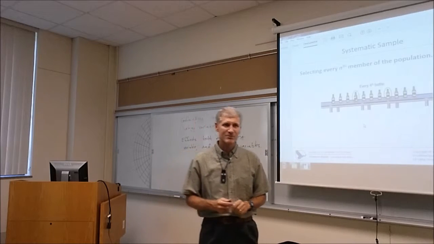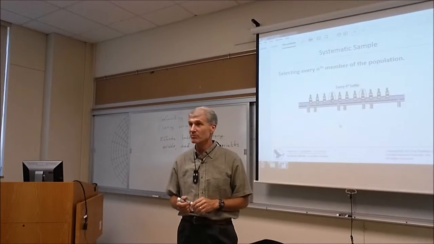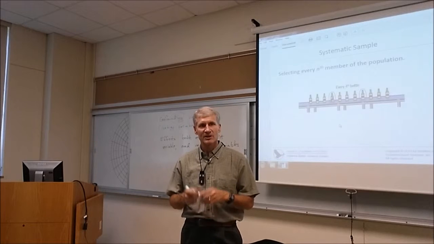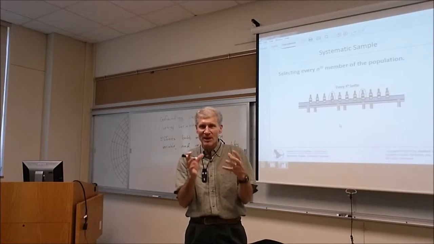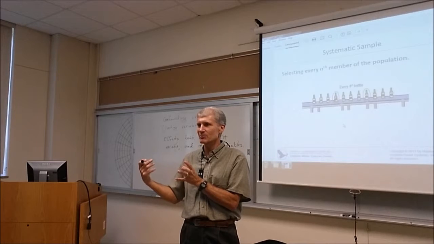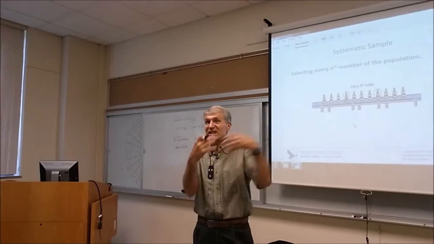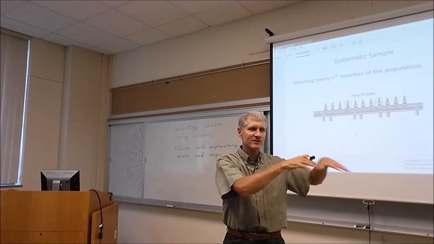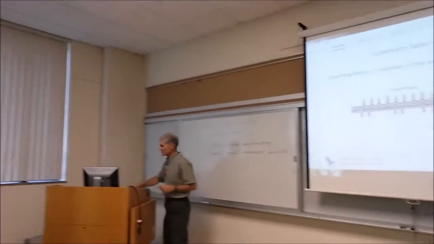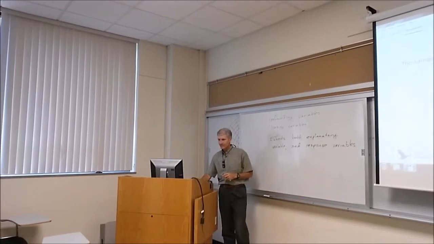Right? A simple random sample really wouldn't be as good. Because what if you happen to get all of your random sample from early in the day when the machine was still working good? You would miss out completely that the machine started to drift. So each of these things has advantages and disadvantages.